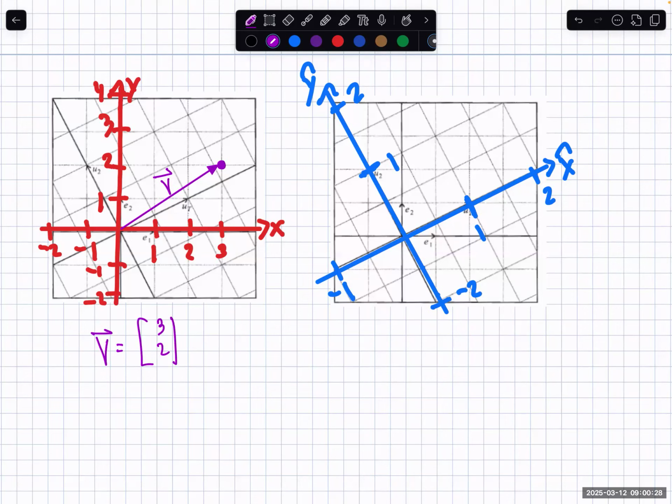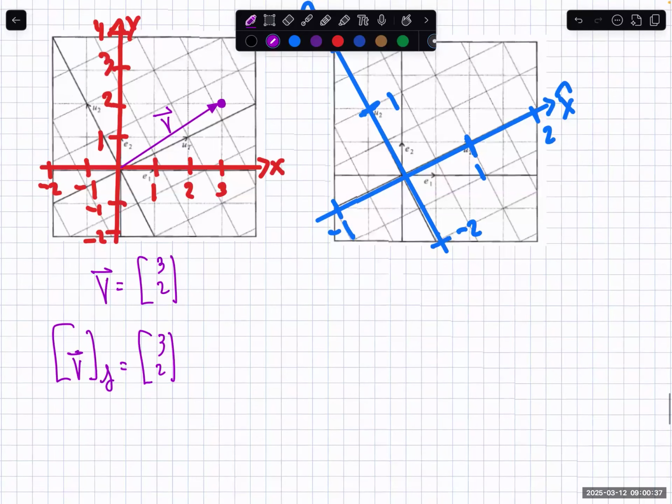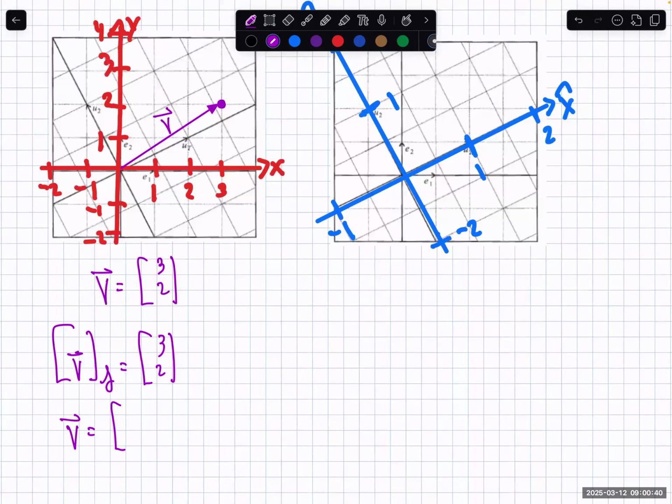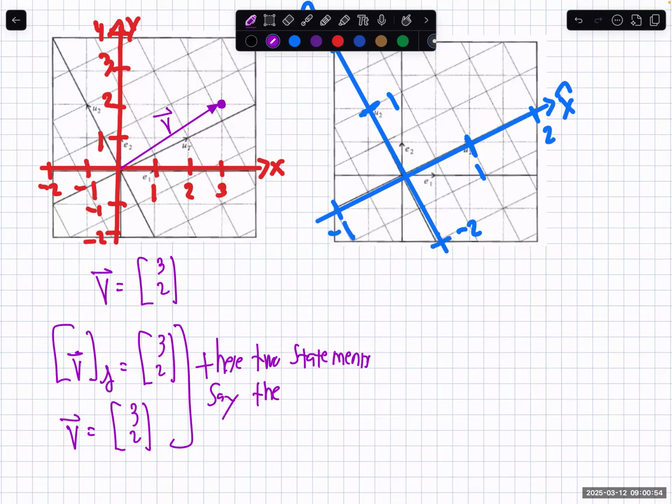So these two statements say the same thing.